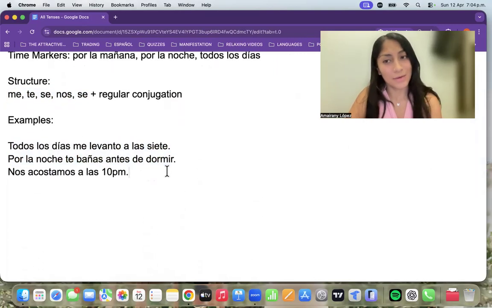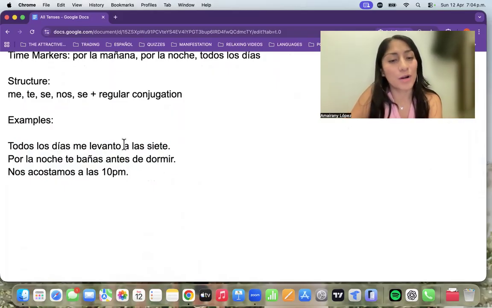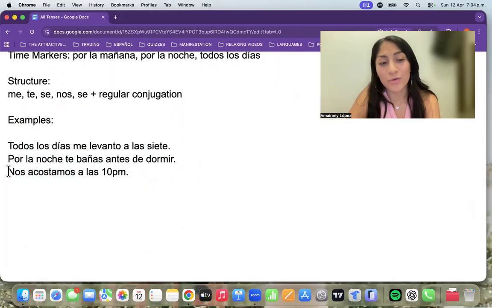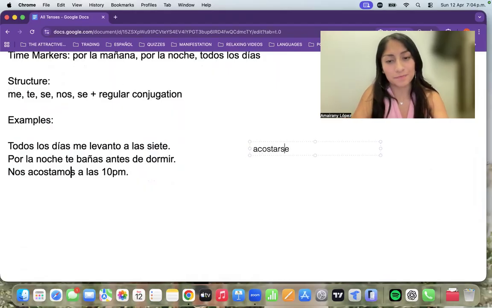Todos los días me levanto a las 7. Every single day, I wake up at 7. Por la noche te bañas antes de dormir. At night, you shower before sleeping, before going to bed. And nos acostamos a las 10. We lay down or we go to bed at 10. Acostarse is to lay down or to go to bed.